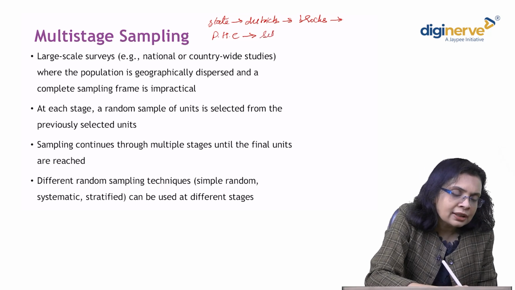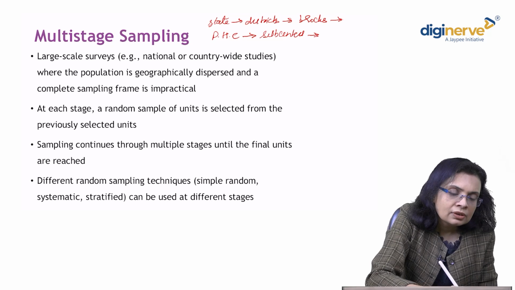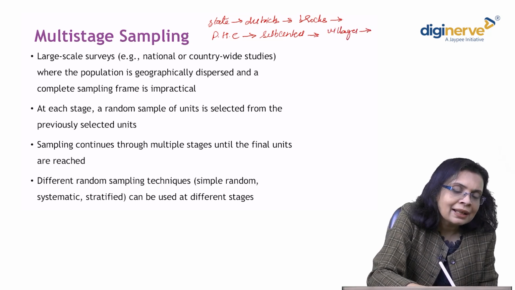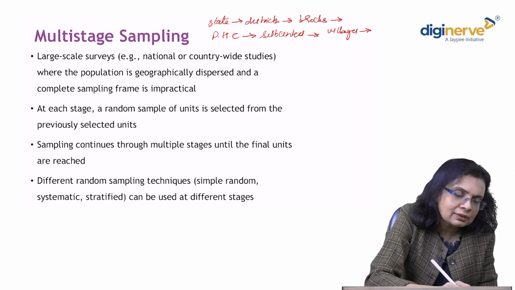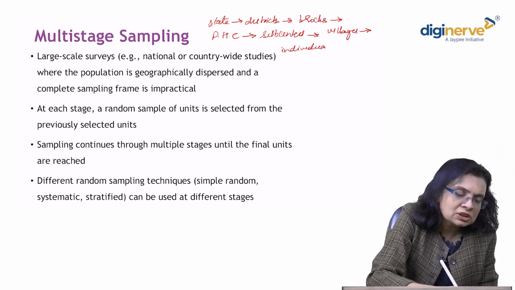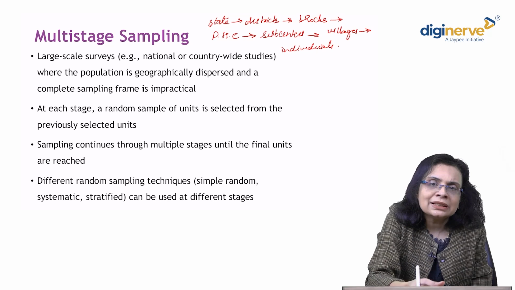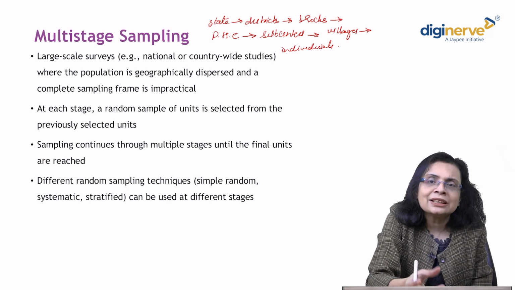These can be divided into sub-centers. Sub-centers can be further divided into villages, and villages can be further divided into individuals. So you will select some random districts as stage 1.